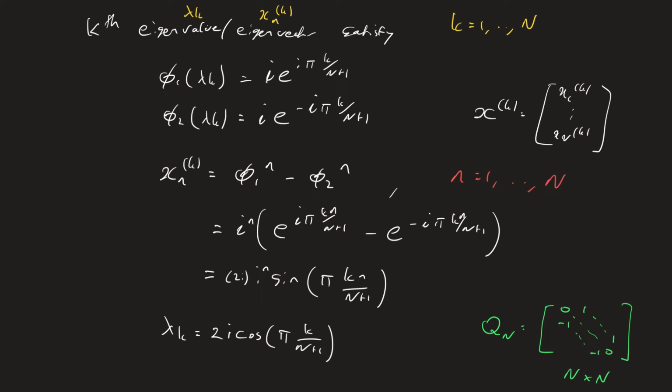It's also acceptable to say that i to the n sine pi kn on big N plus 1 is an eigenvector, because anything that differs by a constant scalar is also an eigenvector. For the rest of this presentation, we will stick to writing the eigenvectors in this form here.